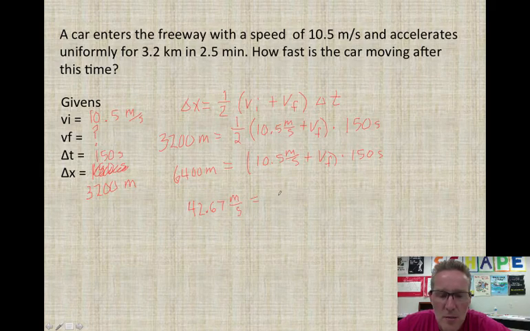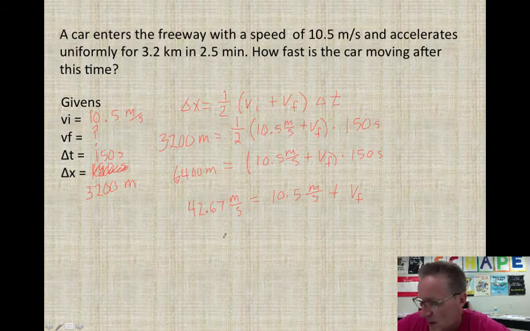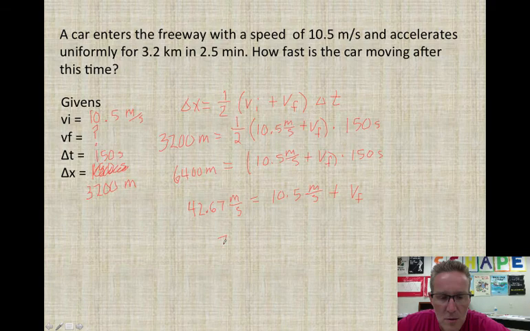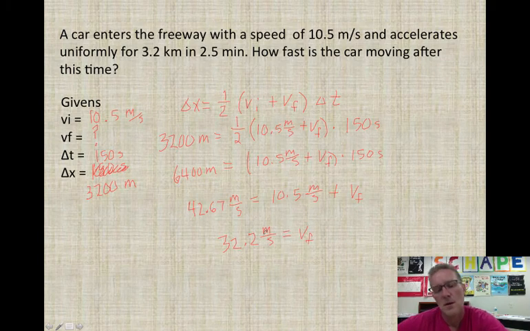So it's going to be equal to, I'm going to go ahead and drop my parentheses, 10.5 meters per second plus the VF. Subtract both sides by 10.5, and I'm going to get 32. I'm going to go ahead and give the rounded answer, 32 meters per second equals the velocity final. All right, that's that.